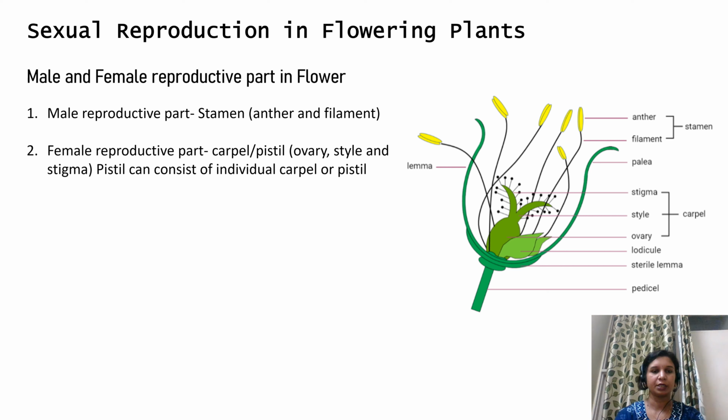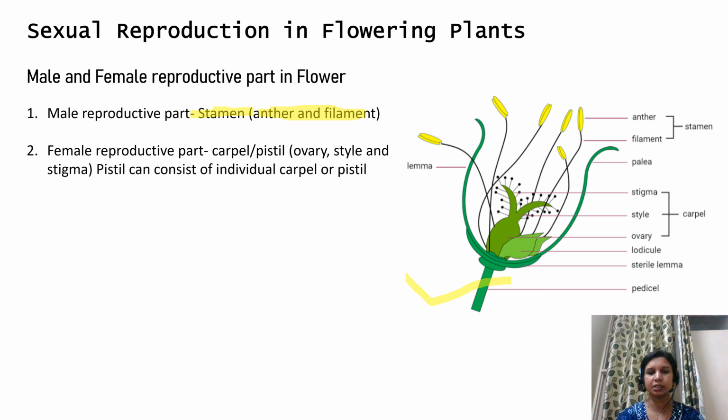So first we'll read about the male reproductive part of the plant. As we know, the male reproductive part of a plant is called the stamen. It consists of the anther and filament. I will show you in the picture where the anther and filament exactly lie. So this is a flower, the flower from the rice.